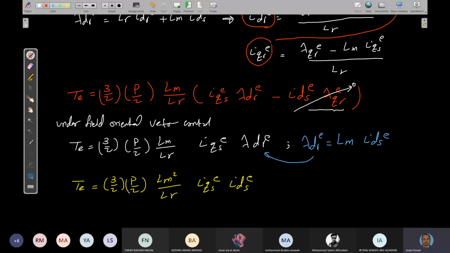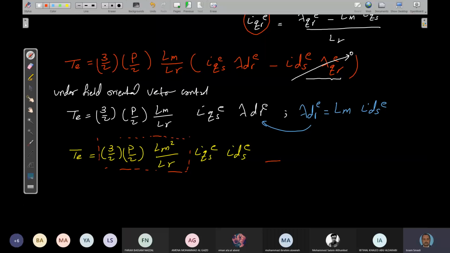Now, see, those are constant, yes or no? Yes. So simply this means that the torque is proportional with IQSE and IDSE, yes or no?